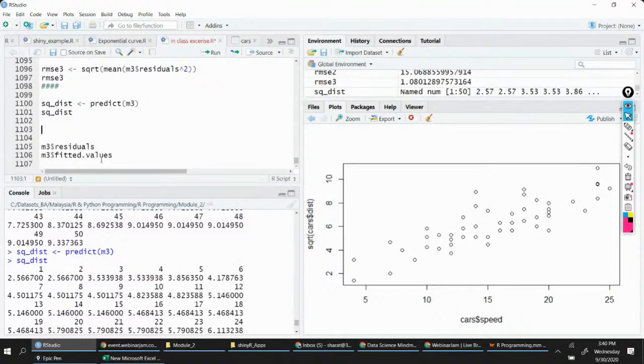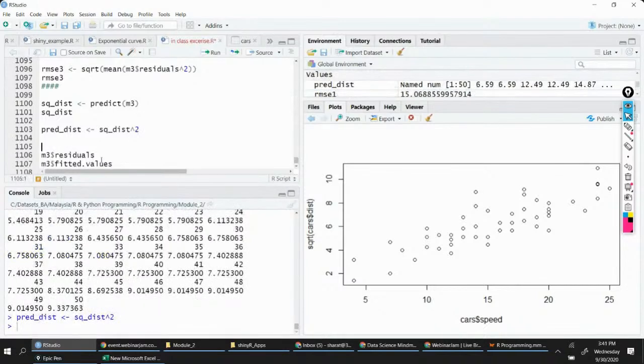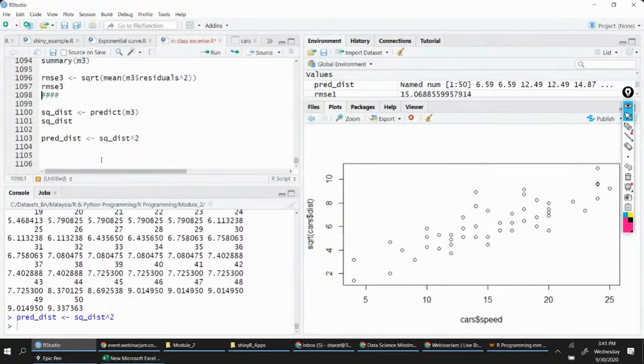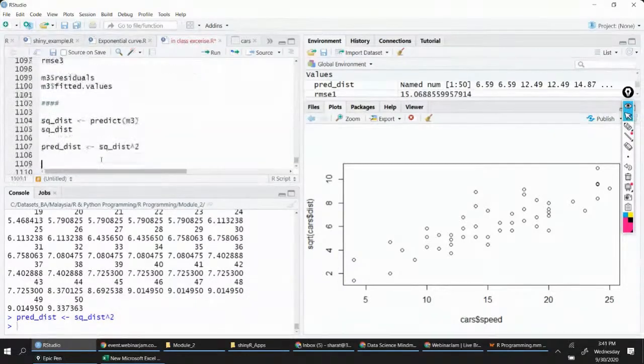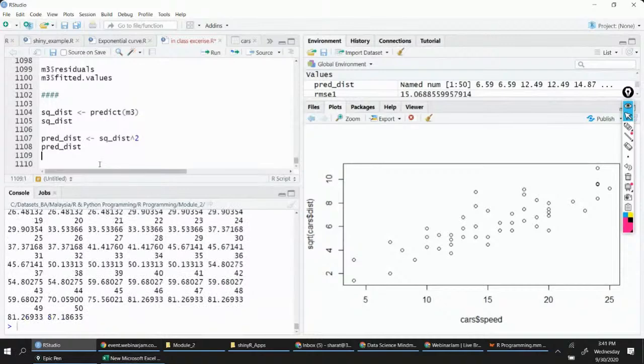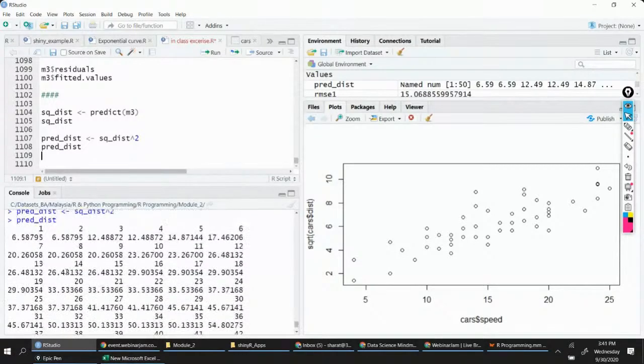So we will apply predicted distance is equal to square root of distance whole square. When you do this, this is your original predicted values that you are interested in. This gives you the actual predictions of your distance.